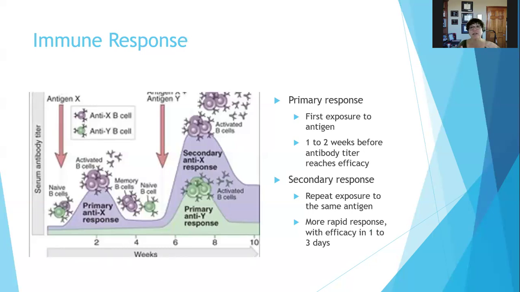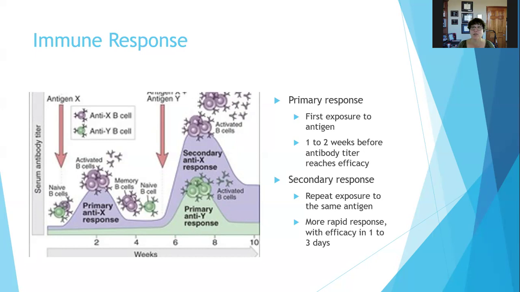The only time that is a problem is when the antigen is something that can kill you on the primary response. So that's the issue that we had with COVID in early 2020, is nobody had an exposure to it to start with. It was a new virus that the human race had not encountered before.